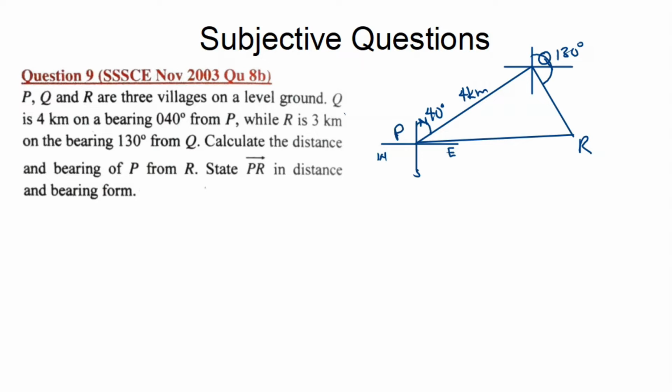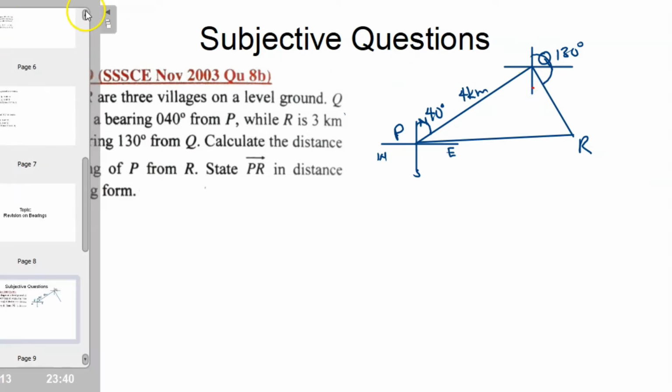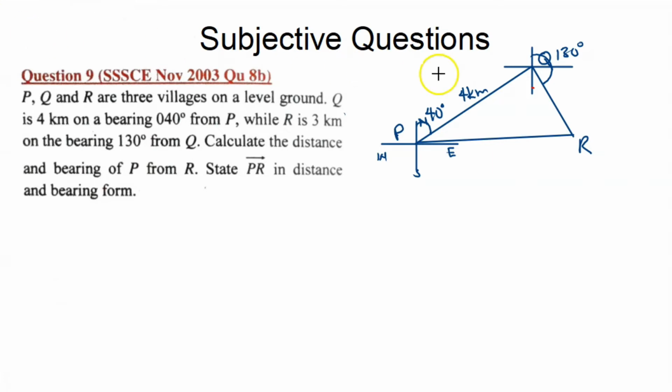I'm first looking for the remaining angle between the south pole and the terminal line that leads me to R. Having 130 degrees here, the smaller angle here is going to be 50 degrees. You just have to subtract 130 from 180, and you get 50 degrees.